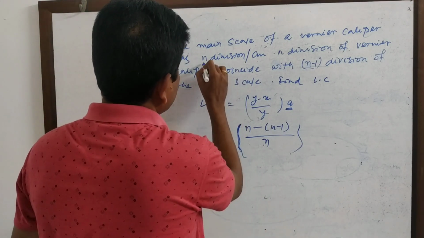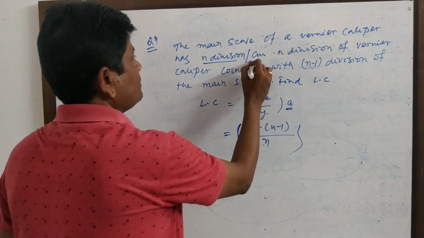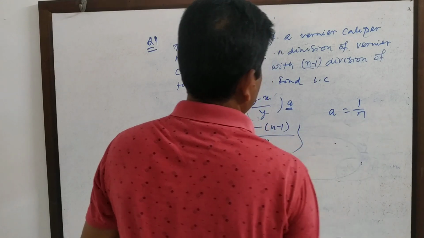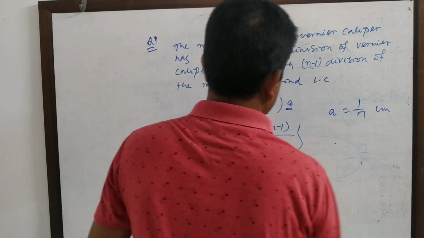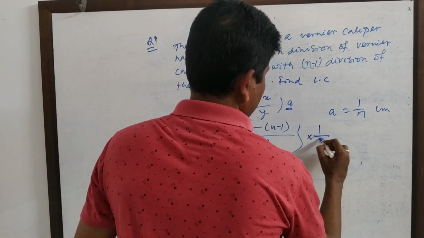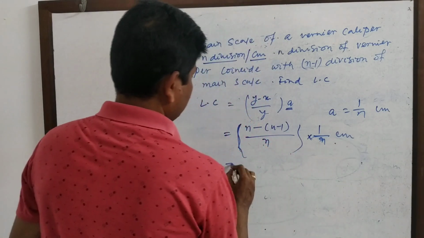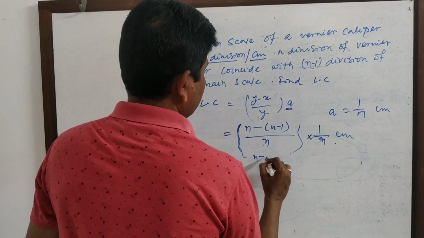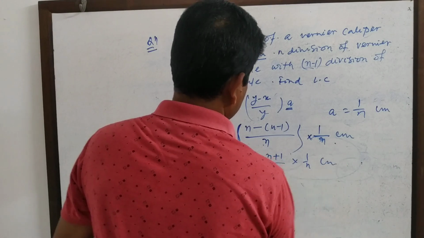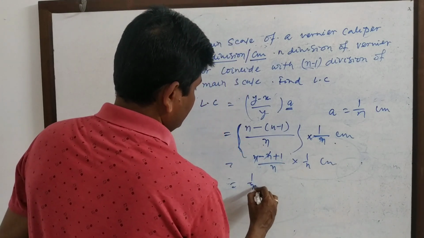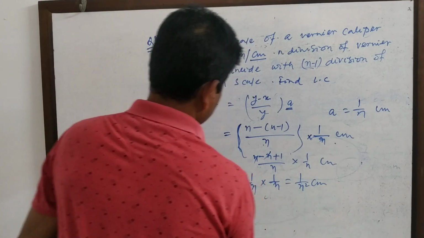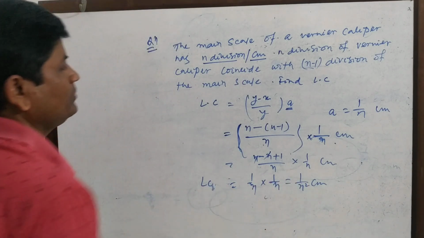It has n divisions for 1 cm, so a is equal to 1 upon n cm. So it is 1 by n into 1 by n cm, which is 1 by n square cm. Least count is equal to 1 upon n square.